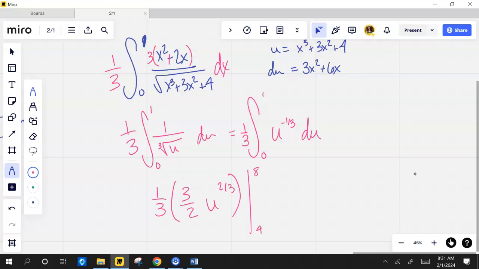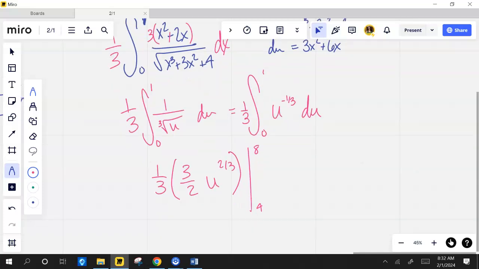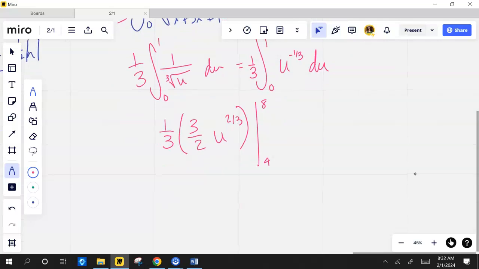I think so, but that's up to you. You're still doing the same thing. It's just you're doing it off to the side and then coming back, so it doesn't matter. All right, 8 to the 2/3. Oh, this is way easier than I had made it.